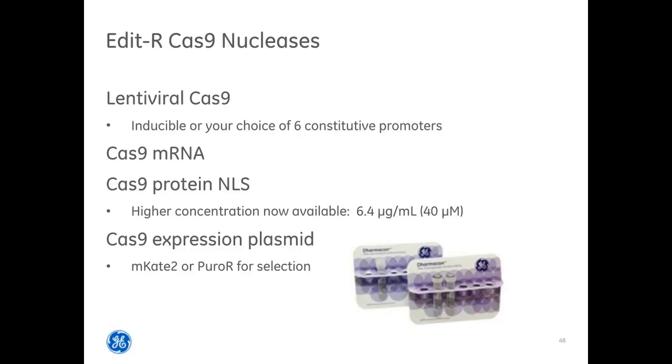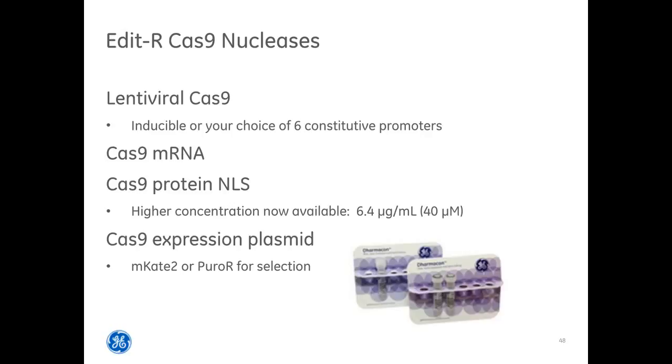For transient expression of Cas9, we offer 2 DNA-free options that can be co-transfected with the synthetic CRISPR tracer RNA. So we offer either mRNA or a Cas9 protein. Our Cas9 protein has a nuclear localization signal and is now available at a higher concentration than where you'll find elsewhere, which can be very advantageous when you're doing electroporation.